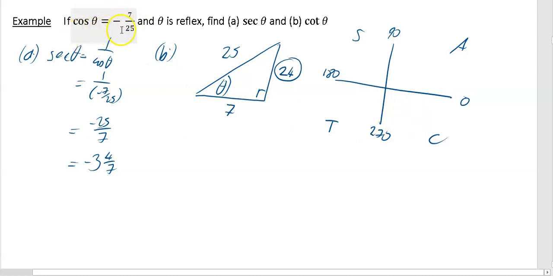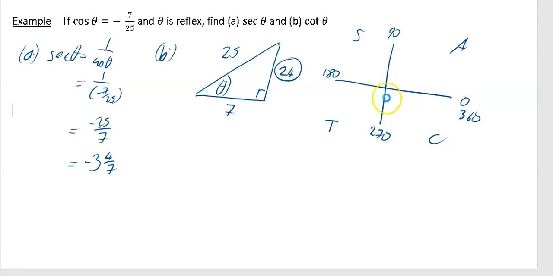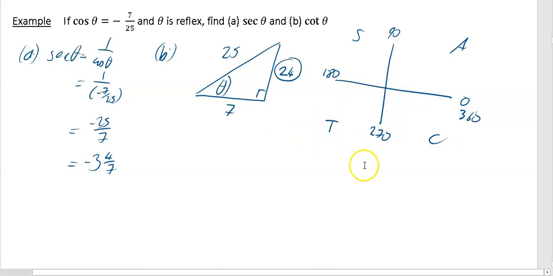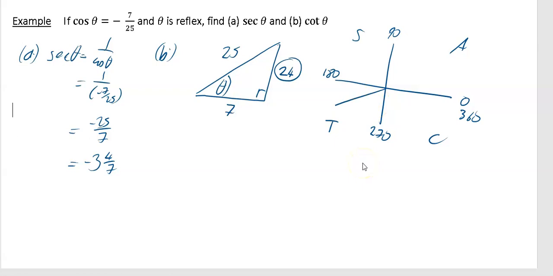Cos theta is negative. Now, if it had been in this quadrant, between 270 and 360, then it would not be negative. So this is not an option for us. So it has to be in here. My angle has to be in here, so I'm going to label my angle in here. Okay, so that's where it has to be.